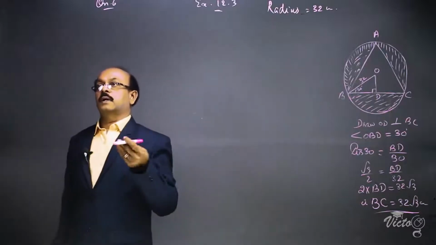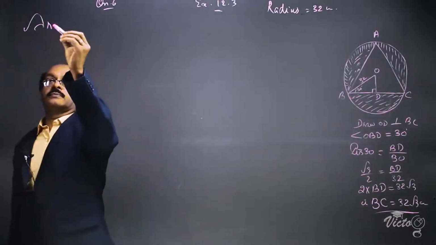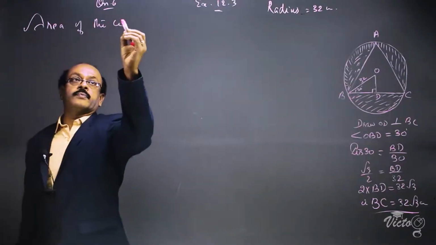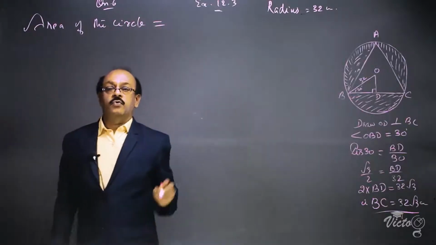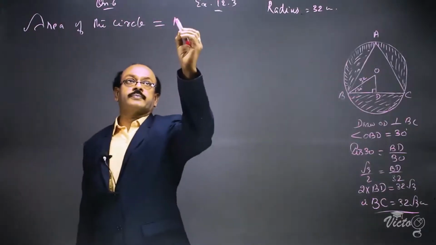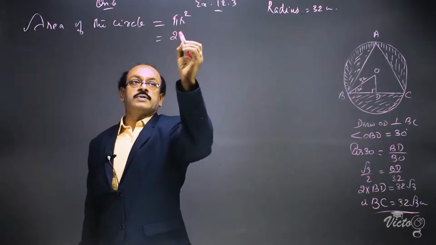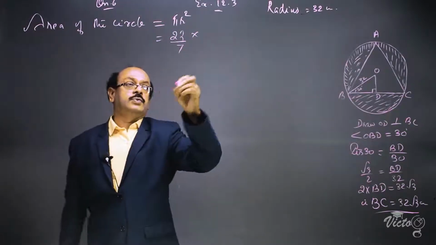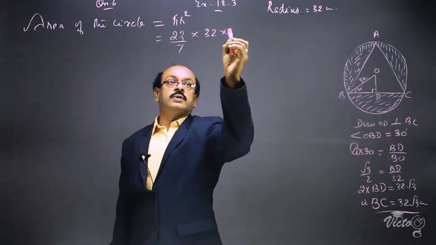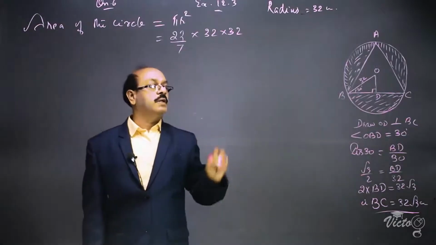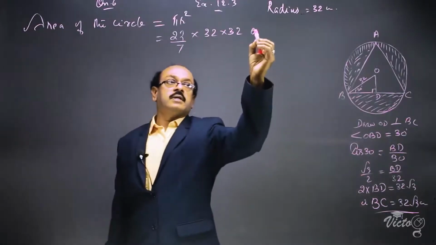Area of the circle. The formula is pi r square. Giving values, 22 by 7 into 32 into 32. The radius is 32, it is given in the question. So much centimeter square.